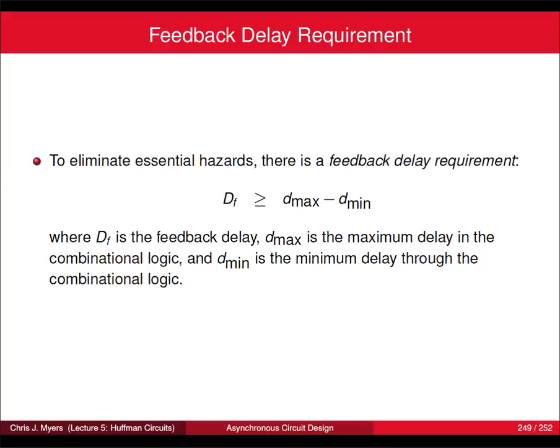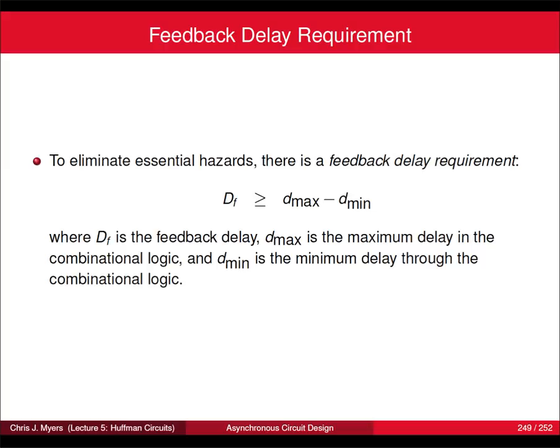But basically you take your entire logic that you just built through your logic synthesis, tech map, etc. You find your longest path, you find your shortest path. And then you also have to consider things like temperature, voltage and process to calculate your max and min. So you would have to figure out what you think your longest delay is going to be in the worst case, and what your fastest delay is going to be in your best case.